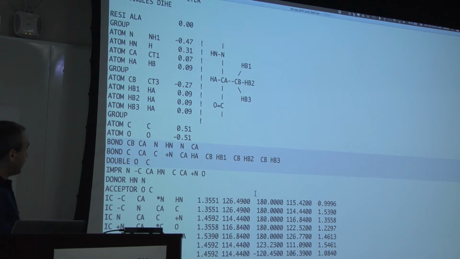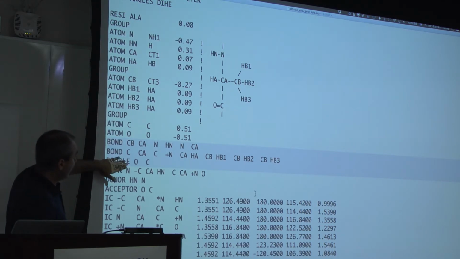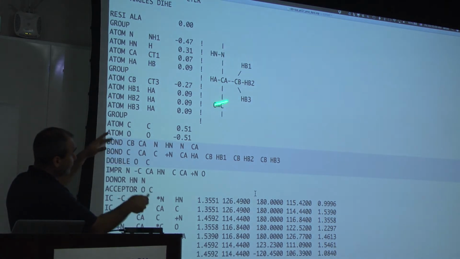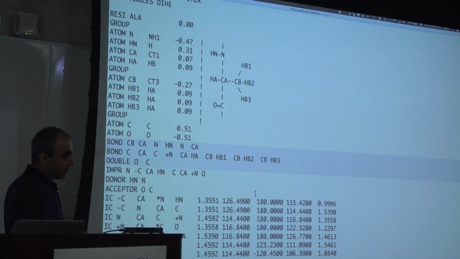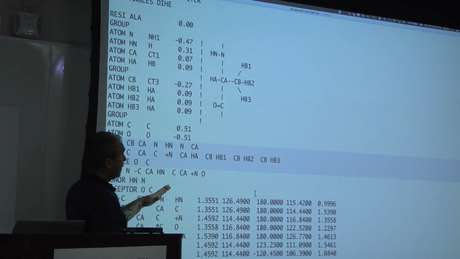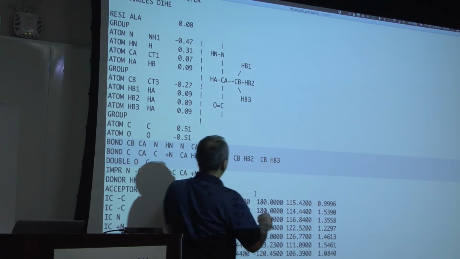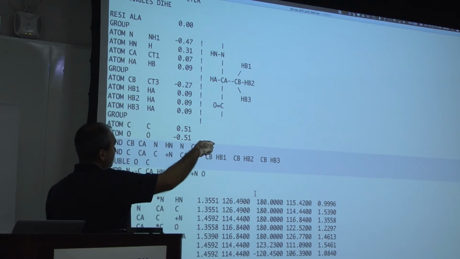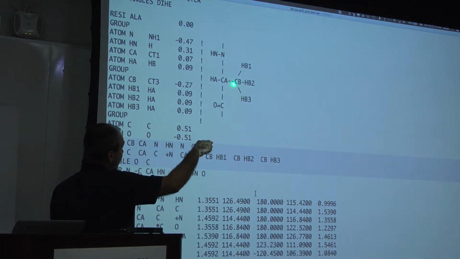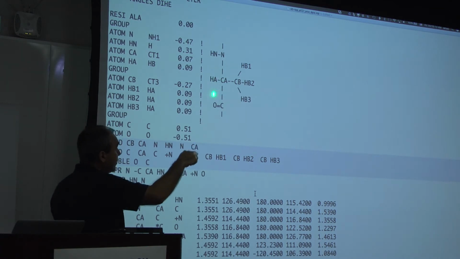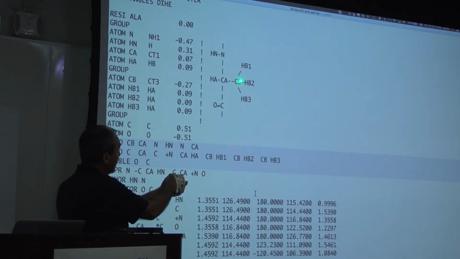So now bonds, we define the atoms, we define the bonds. Dihedrals and angles are generated automatically based on these bonds you define. The program goes through the system and generates all the possible angles, all the possible dihedral angles. So that means, for example, this bond will be affected by 3 atoms connected here and 3 atoms there. 3 by 3, 9 different dihedral angles, coming from here, going there, and so on and so forth.